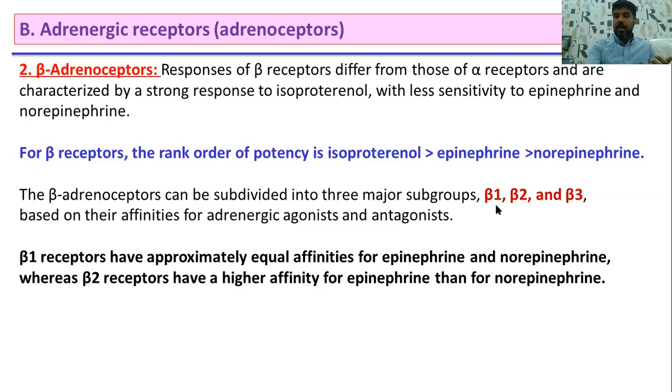These are beta 1, beta 2, and beta 3 receptors. Beta 1 receptor has approximately equal affinities for epinephrine and norepinephrine. However, beta 2 receptors have higher affinity for epinephrine rather than norepinephrine or noradrenaline.